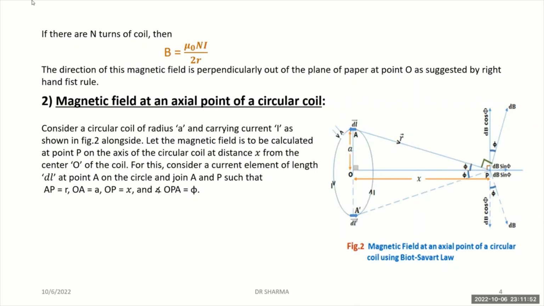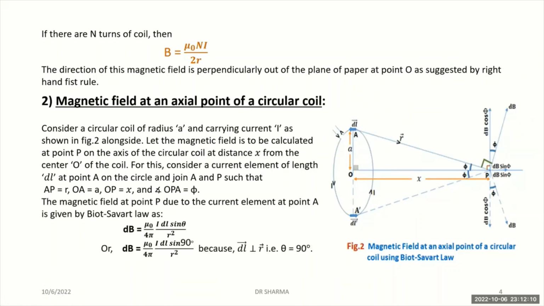Now, the magnetic field at point P due to the current element at point A, as suggested by Biot-Savart law, is given by dB is equal to mu naught by 4 pi I dl sin theta upon r square. Here theta is taken as 90.